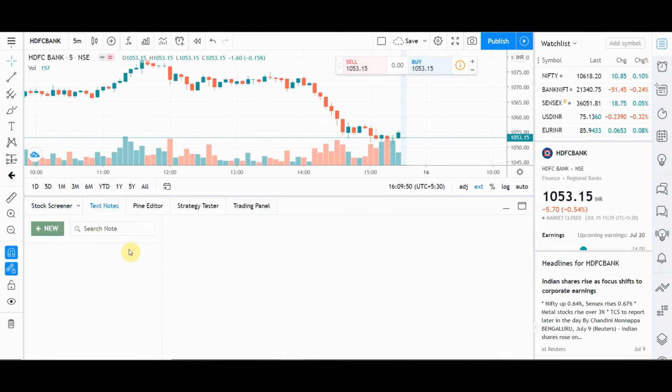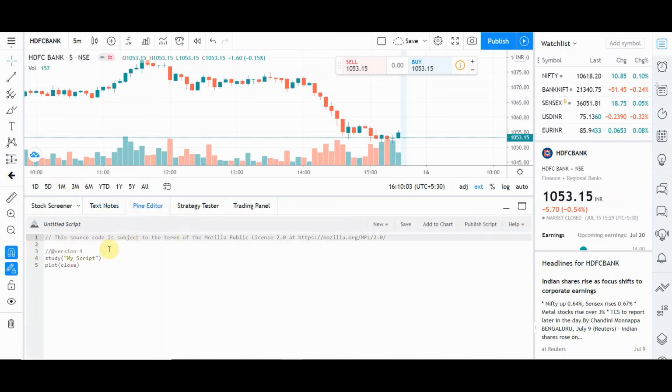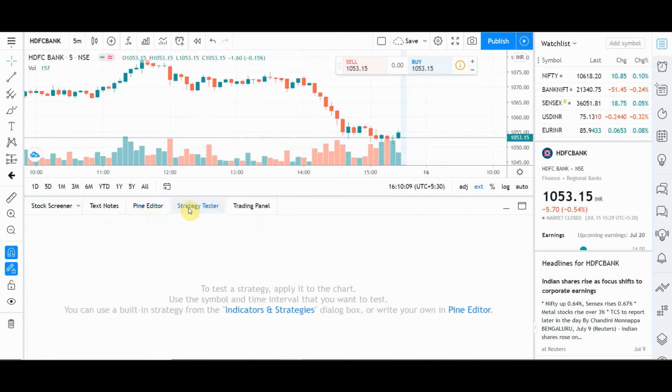Here we can type anything related to our opinions of the stock, which can be useful for the next day. And here we can see the Pine editor, the code details. And here we can see the strategy tester.